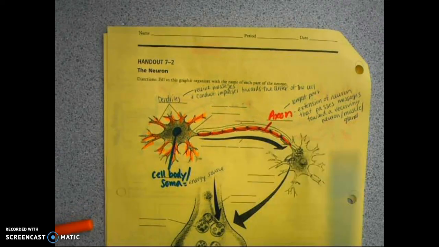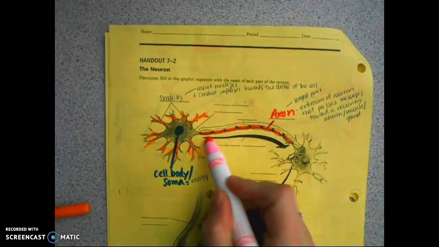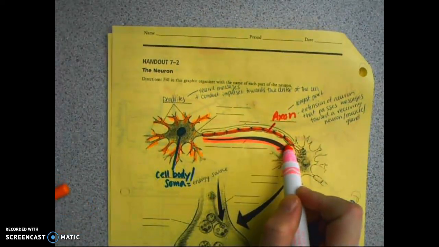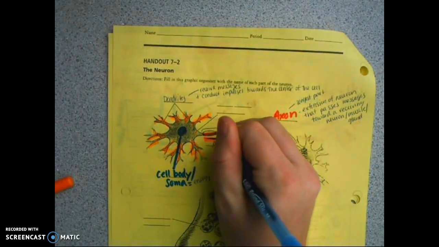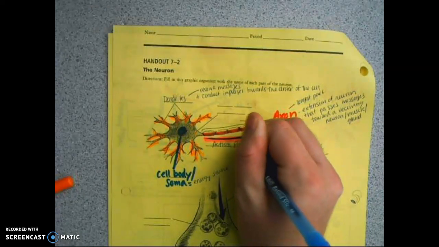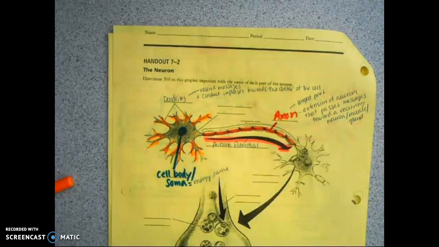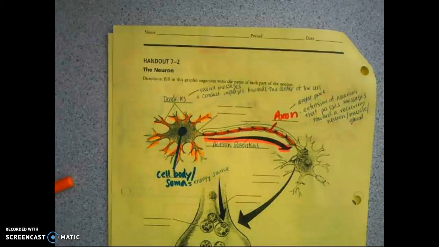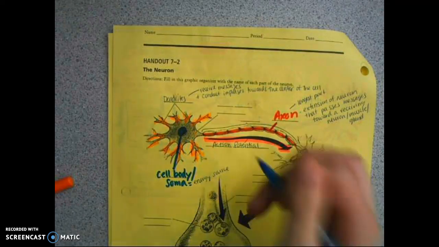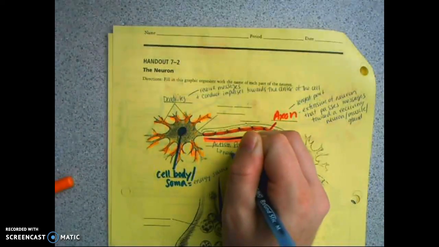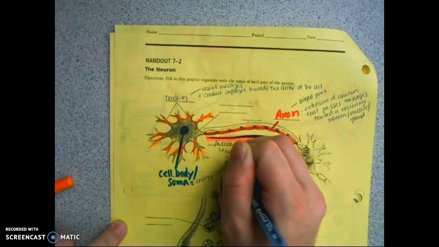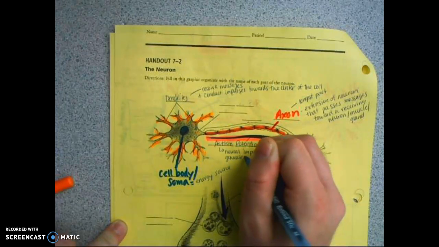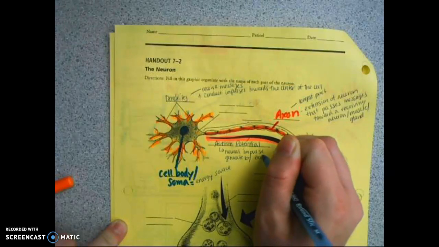The axon, if you look at this black arrow, okay, it's trying to show you that that is the action potential. Trying to show you, once again, that that is the action potential. That is essentially the message, right? An action potential is the neural impulse, okay, that is generated by excitatory impulses.